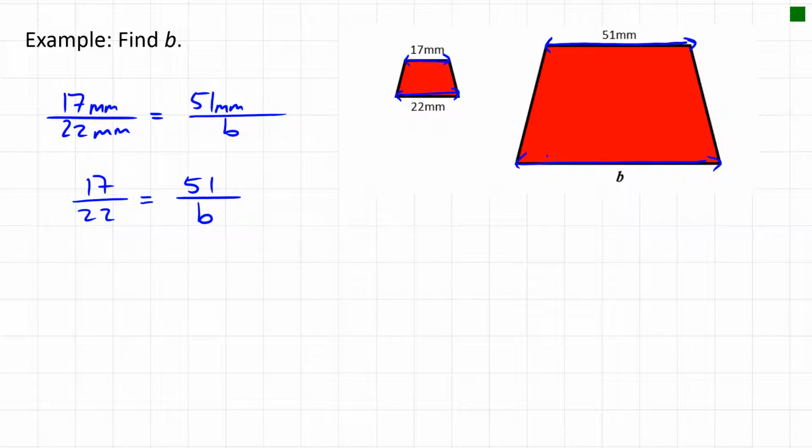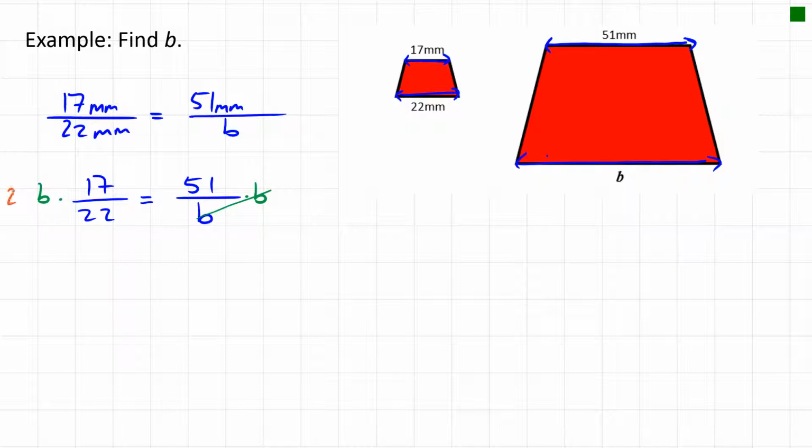I'll show you another method here, especially when the variable is on the bottom. A common method is to cross multiply. So if I multiply this side by B and this side by B, that will cancel out the B's on the right-hand side.